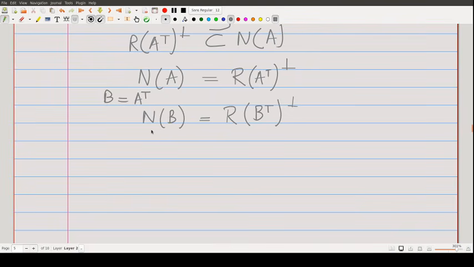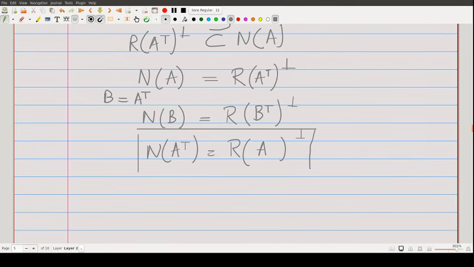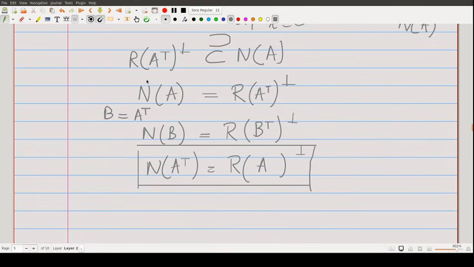I can write this as the null space of A transpose is equal to the orthogonal complement of the column space of A, since A transpose transpose is simply A. So it works both ways. This is the first relationship and this is the second relationship.